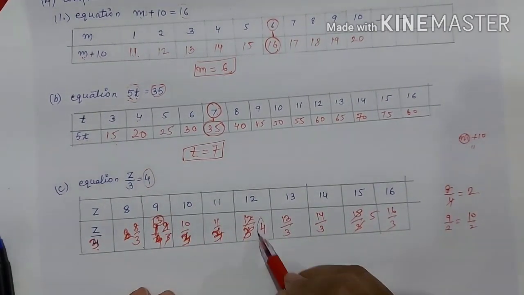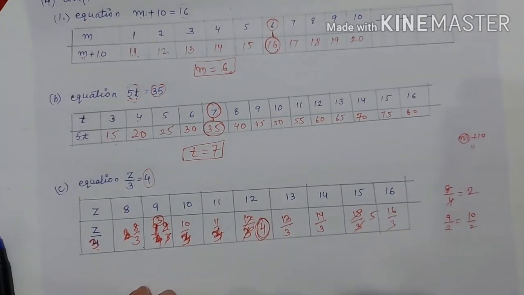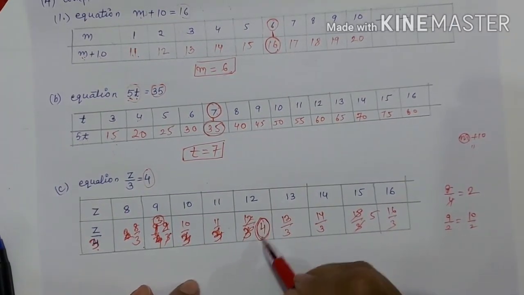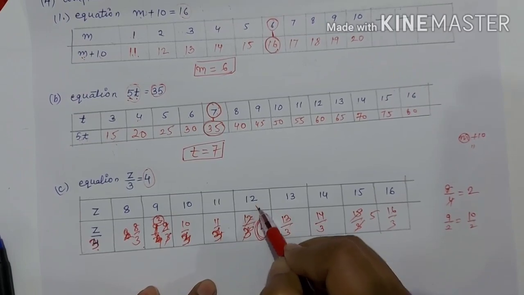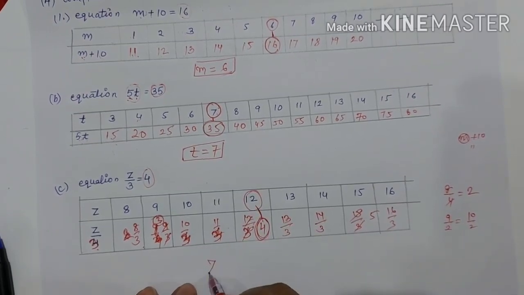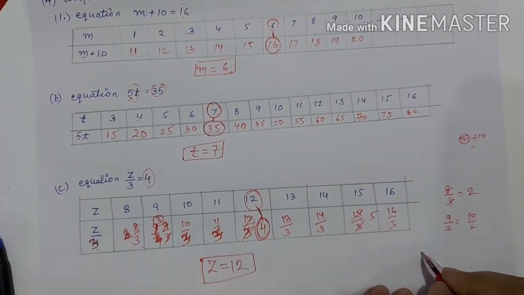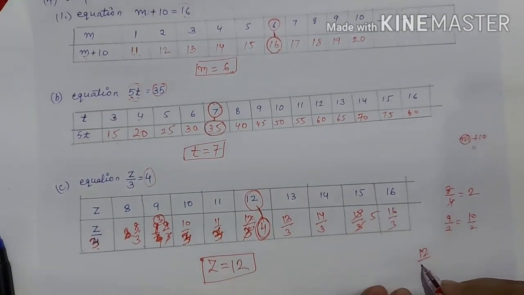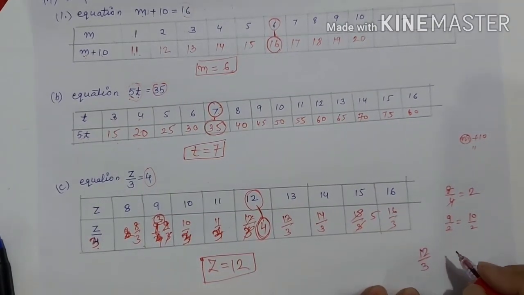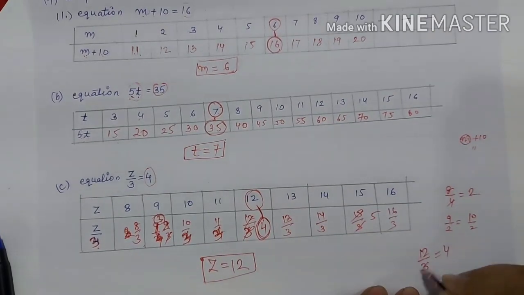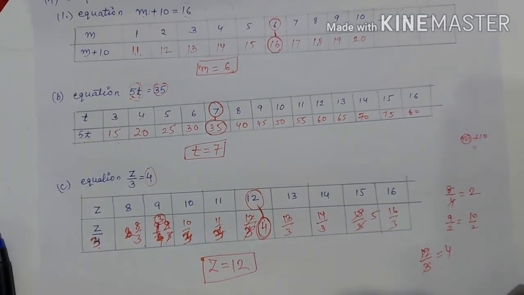This 3 and this 4 come. Okay, so the 4 will come at 12. It means the z value 12 satisfies it. Now 12 upon 3 is equal to 4.